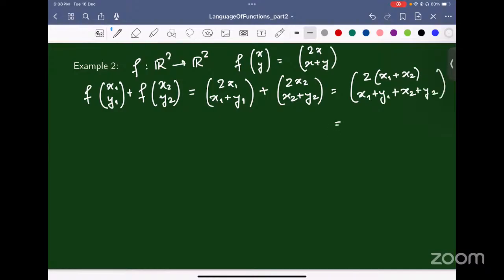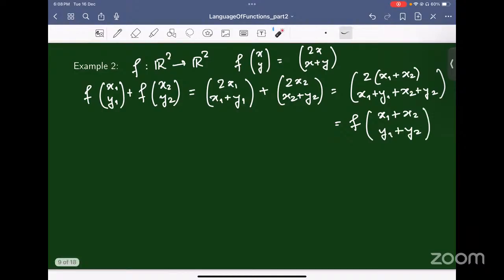And now we can recognize this as f of (x1 plus x2, y1 plus y2). So f of (x1 plus x2, y1 plus y2) is f of (x1, y1) plus f of (x2, y2). So this satisfies the first property for linearity.